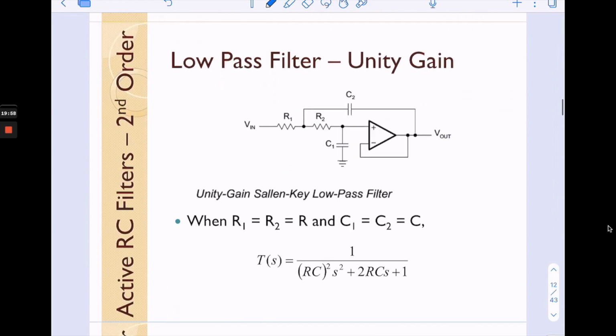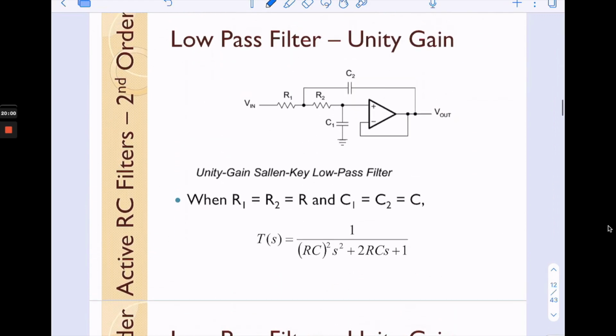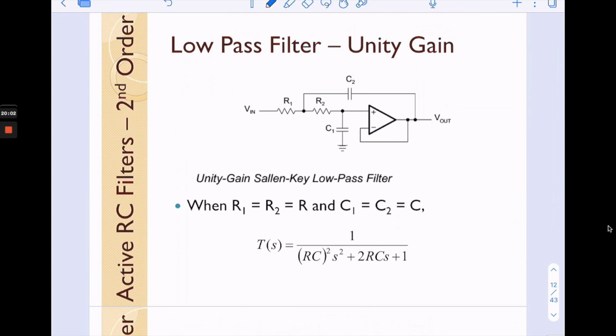Alright, so this is a low pass filter unity gain Sallen-Key. As usual, when we talk about low pass filter, what comes first after the voltage in is actually the resistor. Okay, so we have resistor, and then in feedback we have capacitor, and the capacitor is connected to the ground.